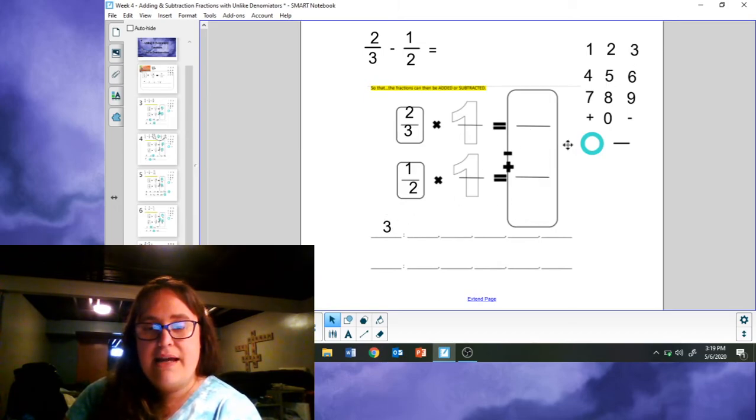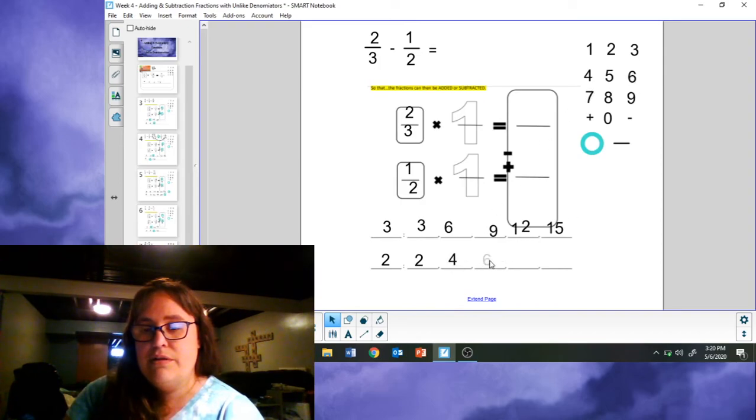So we're going to bring this down, the 3, and then the 2, and we're going to skip count. 3, 6, 9, 12, 15, and then skip counting by 2s. 2, 4, 6, 8, 10.